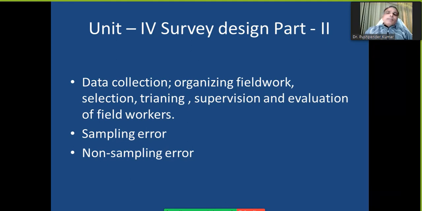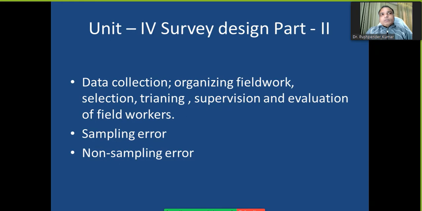This is a very important process, because your research would totally rely upon the information you collected through your field workers and field supervisors. So how to select them, what kind of training to impart to them, how to supervise them, and finally how to evaluate them. You should have this. It's a very integral part of the data collection process.